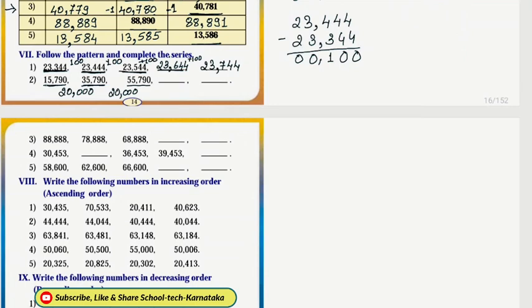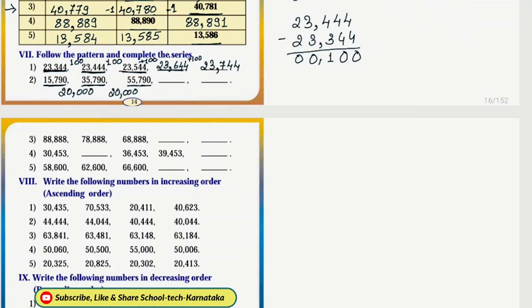So we know that when we add 20,000 to 15,790, we get 35,790. When we add 20,000 to 35,790, we get 55,790.